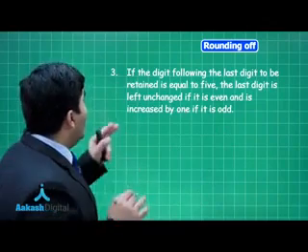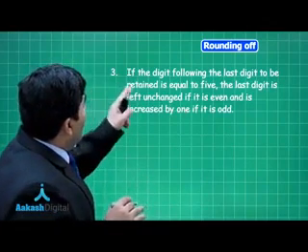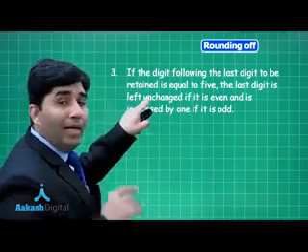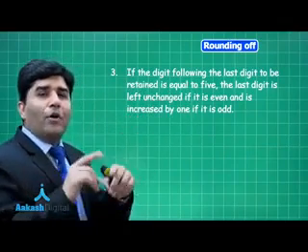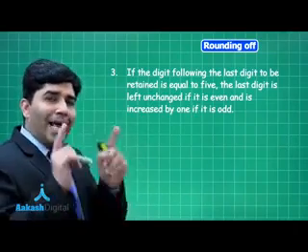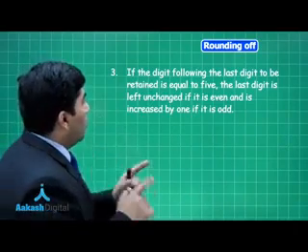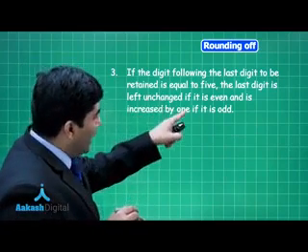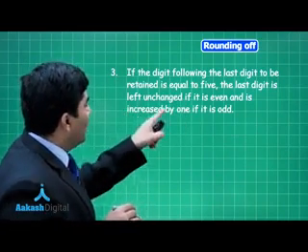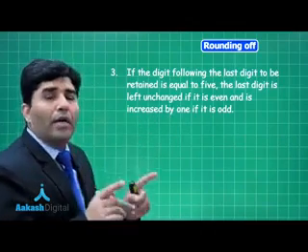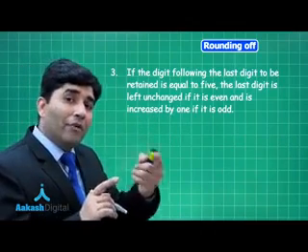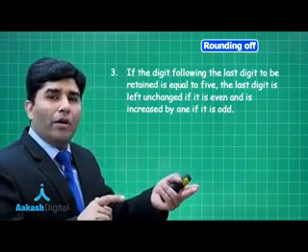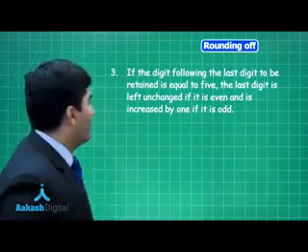Now in this rule, it is saying if the digit following the last digit to be retained is equal to 5. Now it is not more than 5, not less than 5, it's exactly 5. So the last digit is left unchanged if it is even and increased by 1 if it is odd. It means there is a different rule for an even number and a different rule for an odd number. Let's take an example.